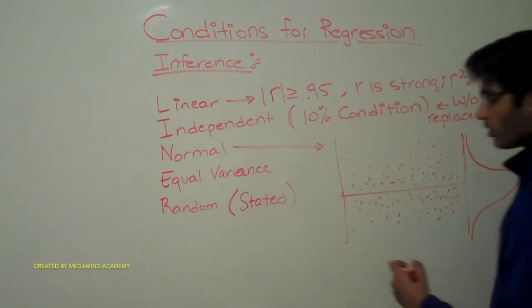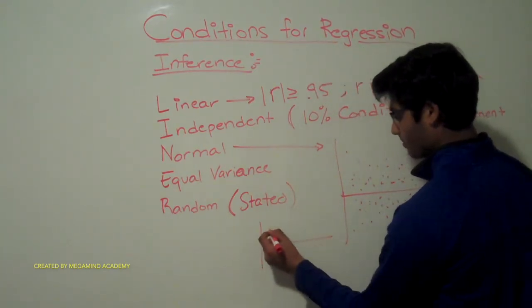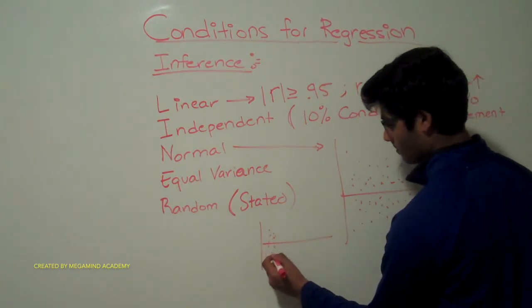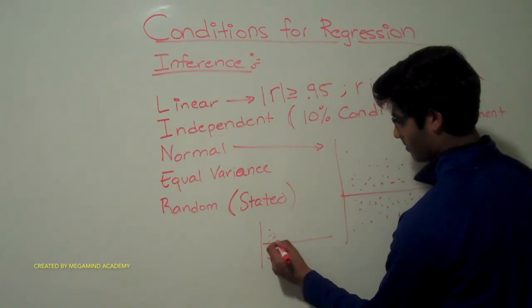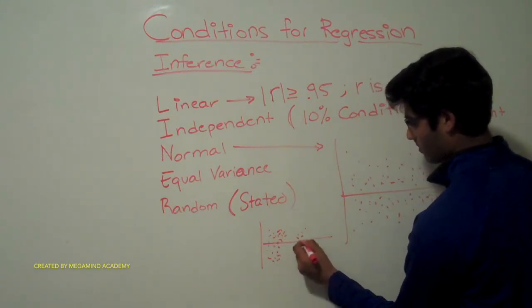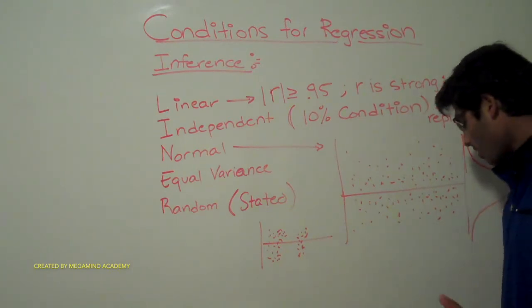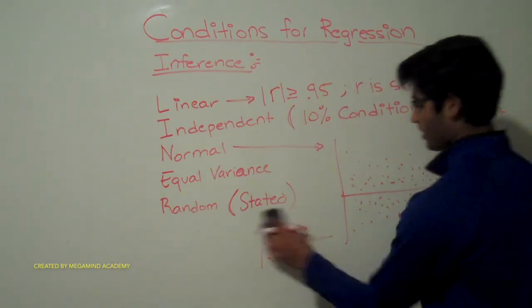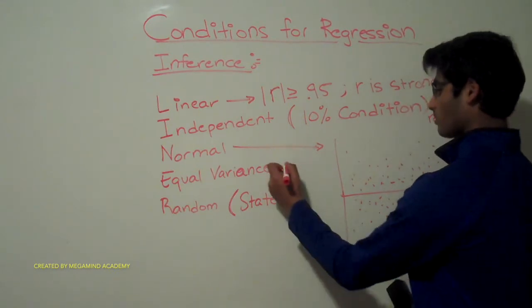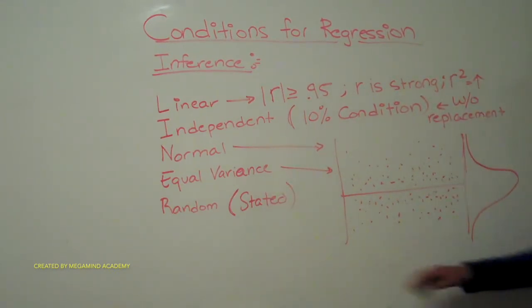So that means we wouldn't want a residual plot like this. That's not good. We want the points to be equally spread out amongst each other. That's what equal variance shows. So we can also find equal variance from looking at the residual plot here.